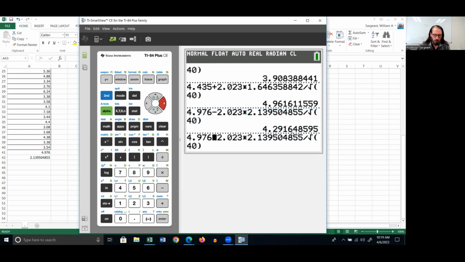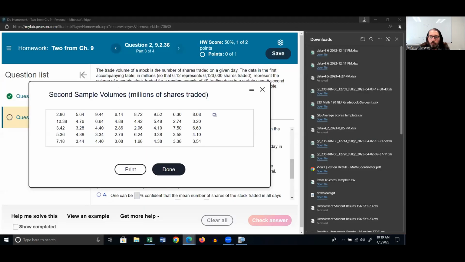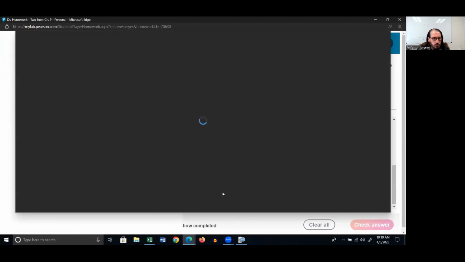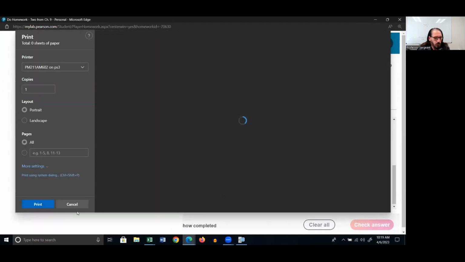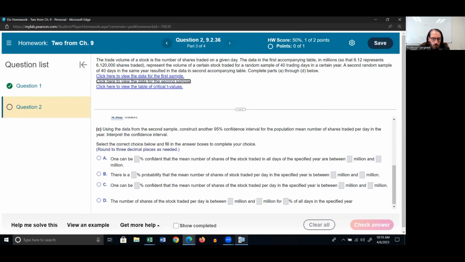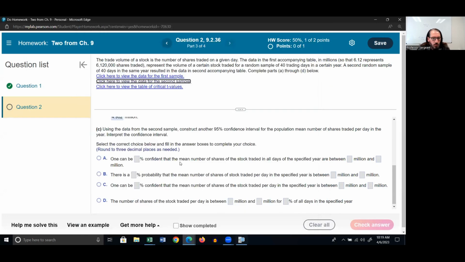Switch it to addition to get the upper bound. Probably going to have to round to 3 places again. Let's see. Okay, 4.292. Because we're still going to 3 places.